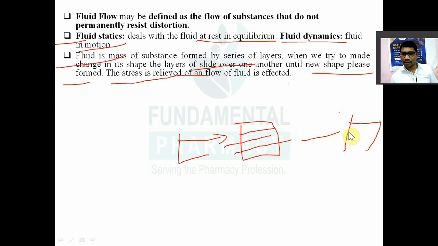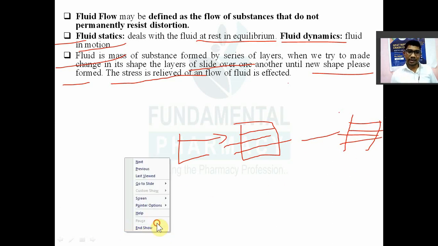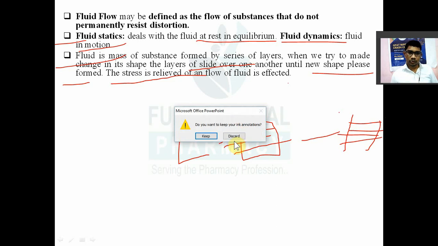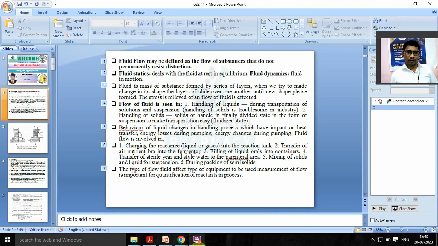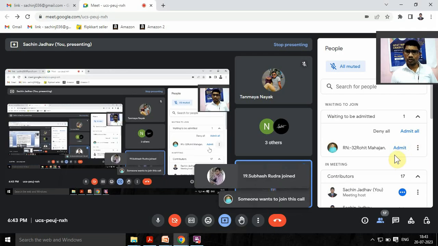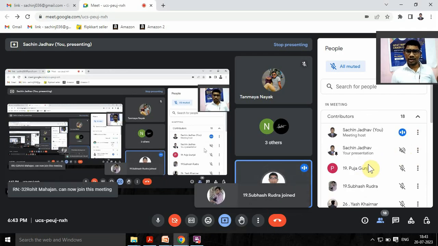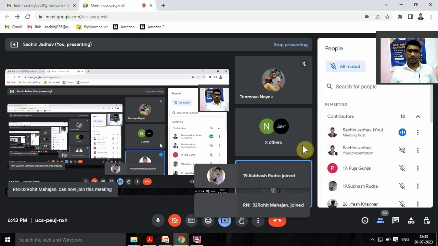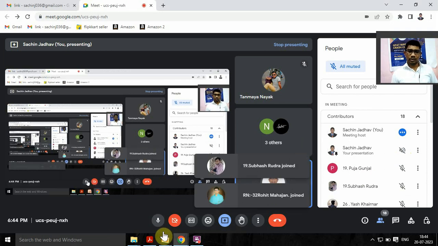One layer will slide on another layer, and after this, whatever stress was applied will be relieved, and there is a beginning of flow of that fluid. Okay, so remember, fluid static means fluid at rest, fluid dynamic means fluid in motion. ठीक है, fluid static मतलब rest में होता है, fluid dynamic मतलब जब fluid movement में होता है.